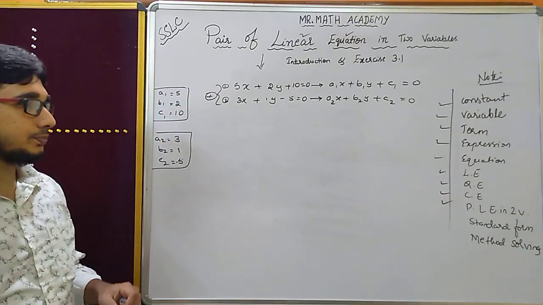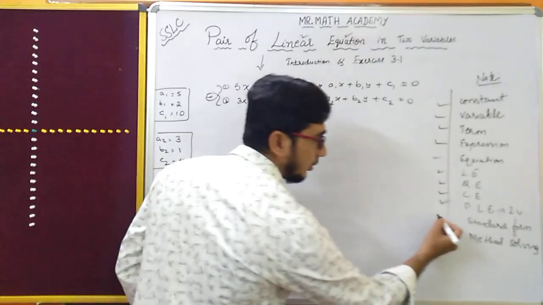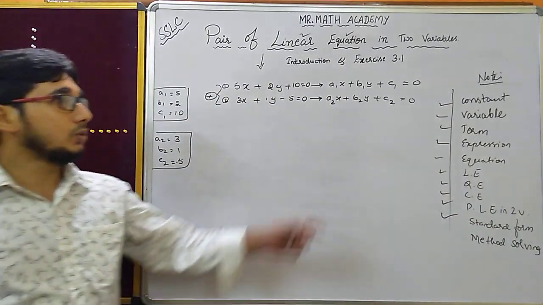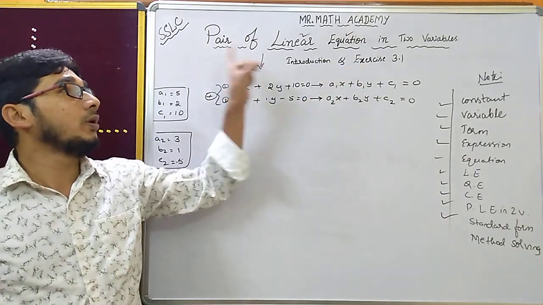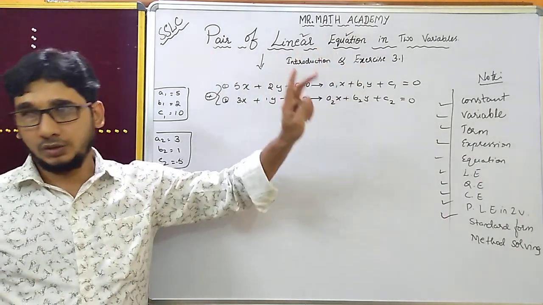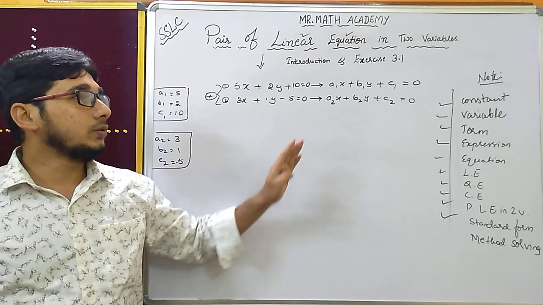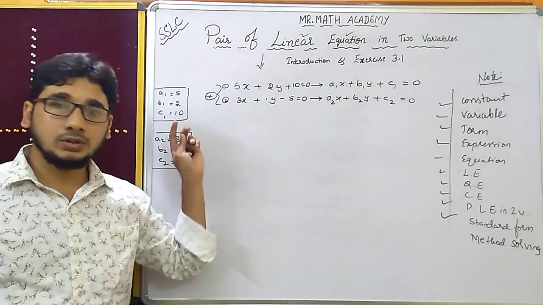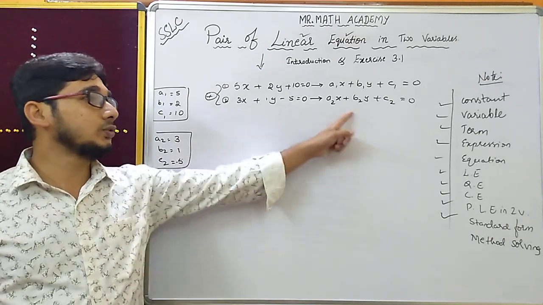Why I told you this is because I wanted to tell you that this is the standard form of a pair of linear equations in two variables. Once we understand the link between these two, there are so many problems related to this.